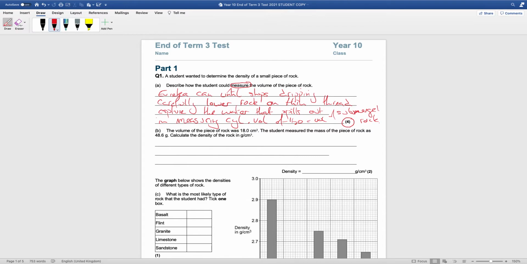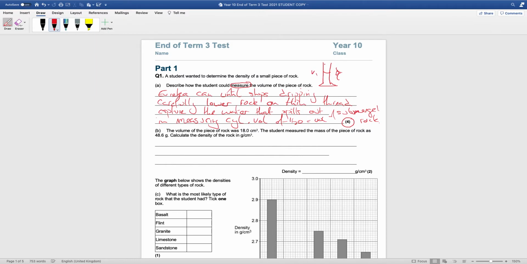This could have been a measuring cylinder. You could have said that you'll take your measuring cylinder and you'll put the water in there, and you get your eye level with the meniscus, bottom of the meniscus, and read off your first volume.